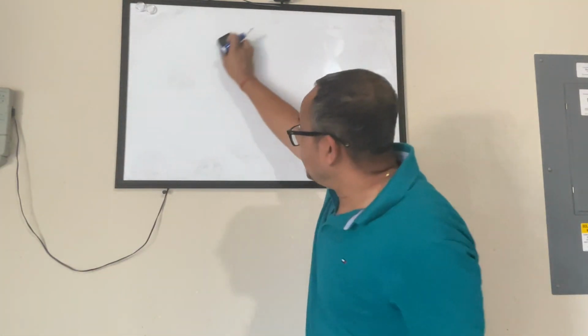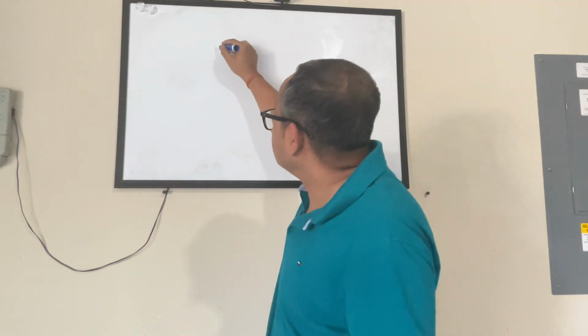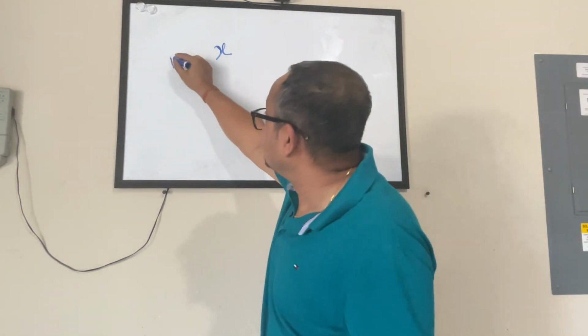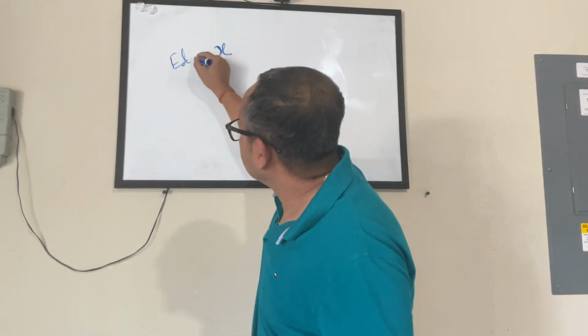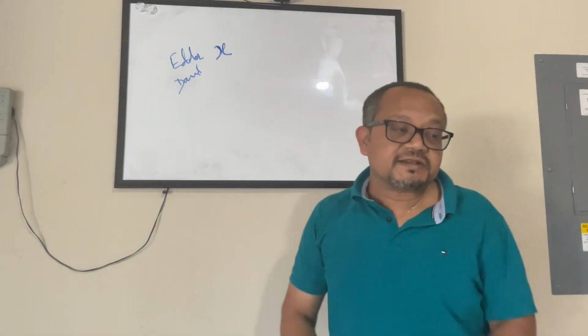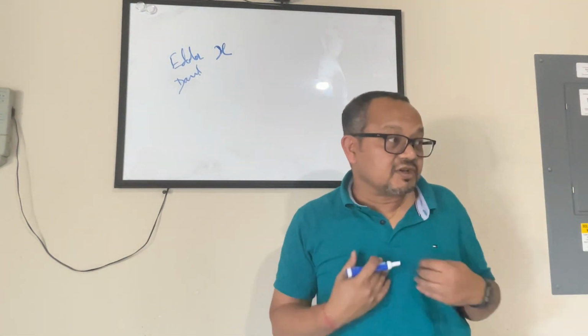Okay, so the same story that I gave you, I'm repeating myself. My age is 3 times my elder daughter's age. Let's say my elder daughter's age is X. Okay, so this is my elder daughter, and her age, let's say, is X. What is my age?